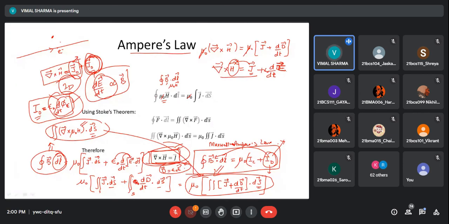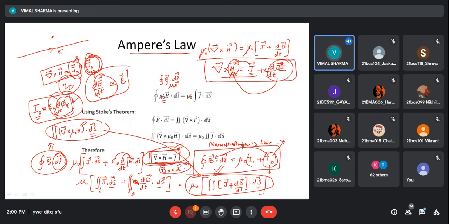Not only this, there is a contribution to magnetic field due to a time-varying electric field, which is not flowing charges, but an electric field which is varying in time. This is Maxwell's contribution, and this is Maxwell-Ampere's law.